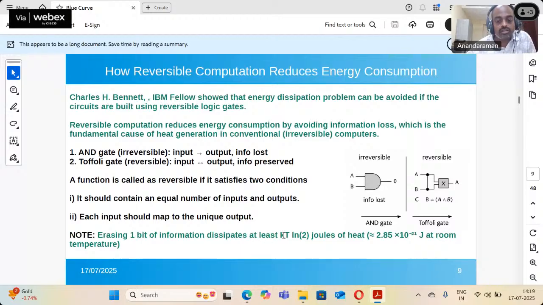Here k is the Boltzmann constant, T is the room temperature in Kelvin, and ln 2 is the natural logarithm of 2.